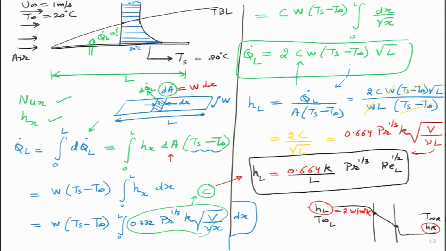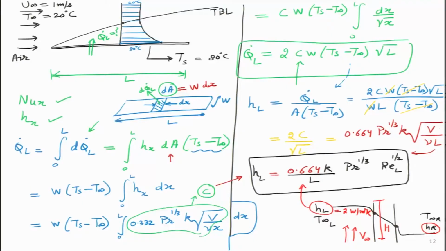Now, we can figure it out from all the properties: if we know the height of this particular wall H, the velocity of air over here, and the thermal properties of air like the value of K, rho, Cp, Prandtl number, other properties, then I can figure out the value of HL. It is as simple as that. The only thing that we are assuming in this whole thing is that the flow is laminar.